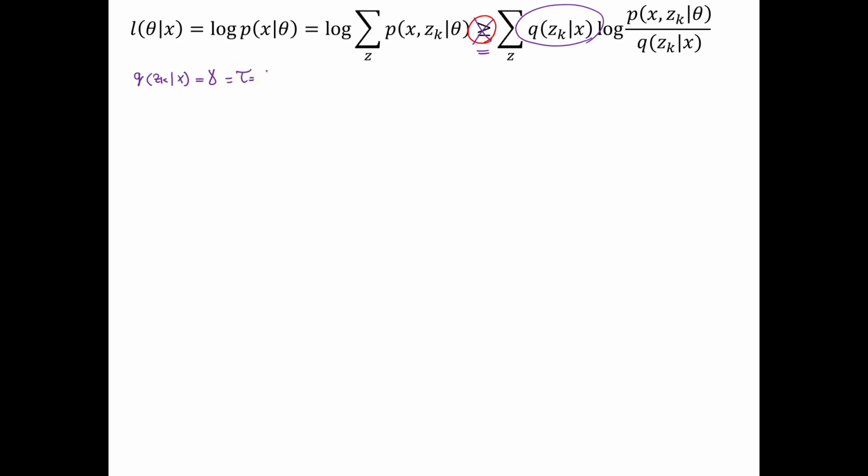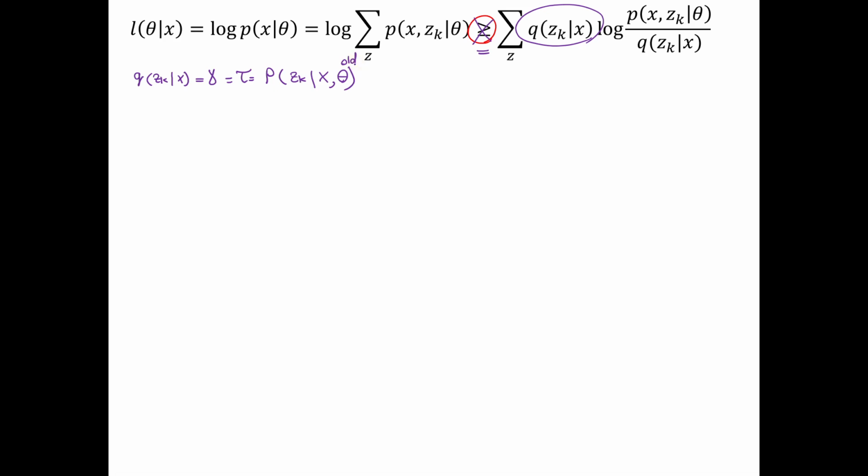I'm going to write it in terms of p here. It just makes sense later on. We're going to see it. So it becomes zk, the same equation, zk given x. I put theta because responsibility depends on some parameters. So you need to always put theta over there.